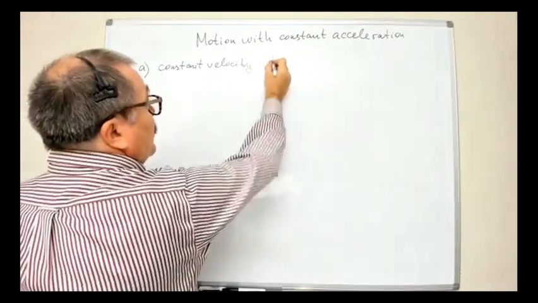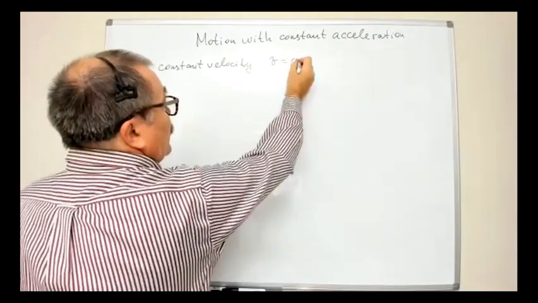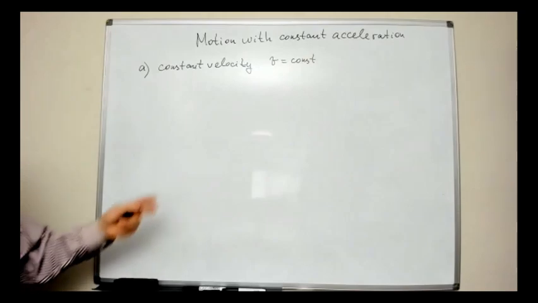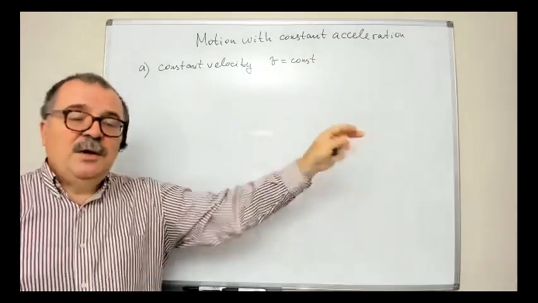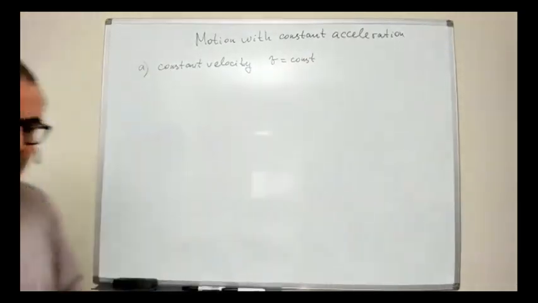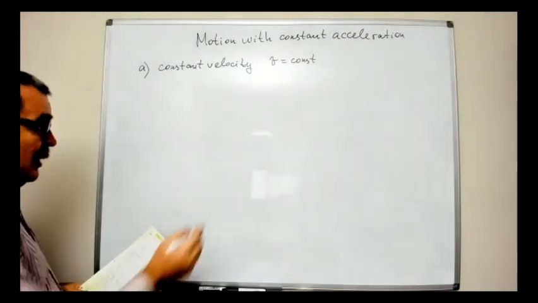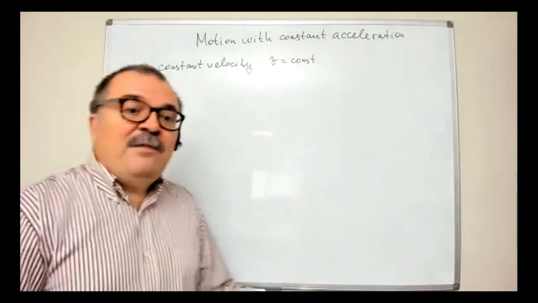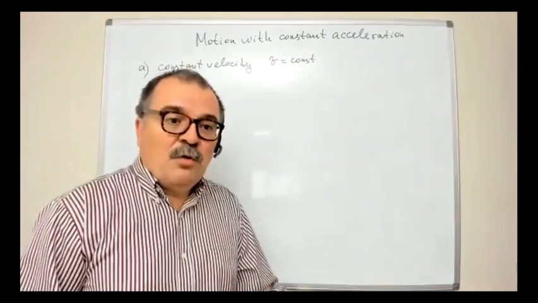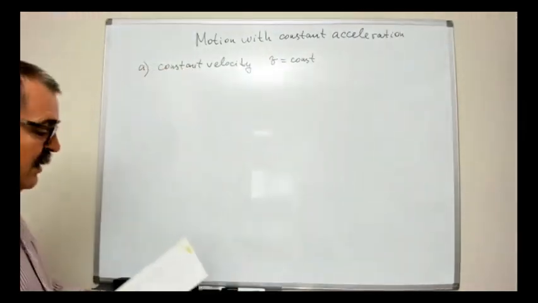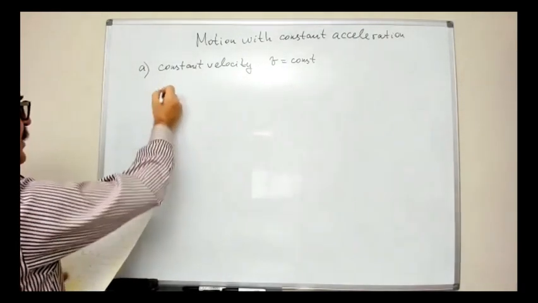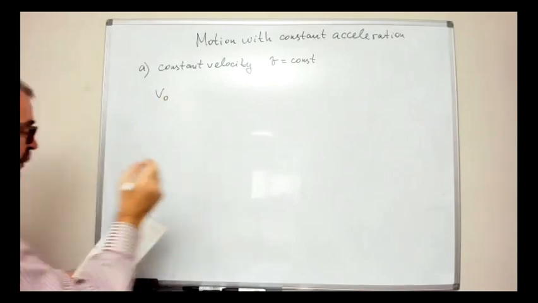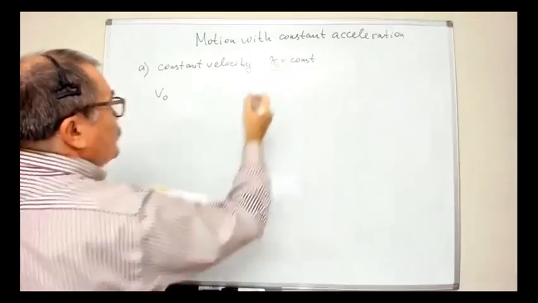Sometimes I write v equals constant, which means that it's not changing with time. So for this motion, apparently if the velocity is constant, the average velocity will also be constant. And we can write that, let's say v0 is constant.